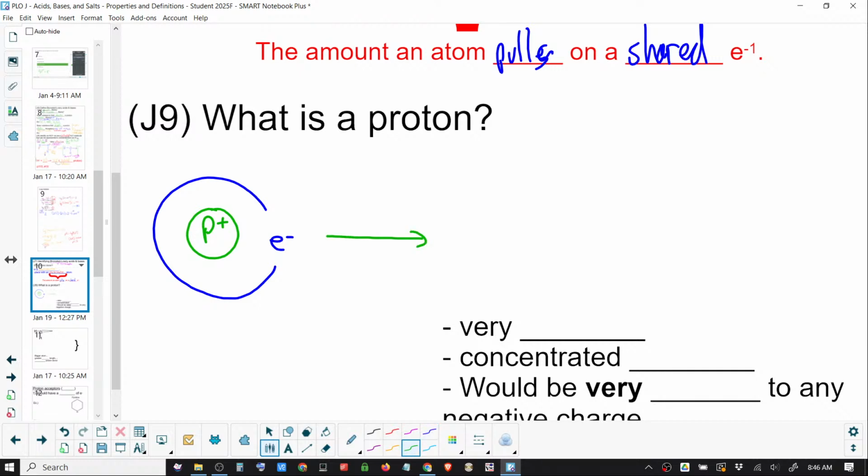What has to happen for that to become just a proton? The electron has to go away. So the electron goes away. And we end up with our nucleus.